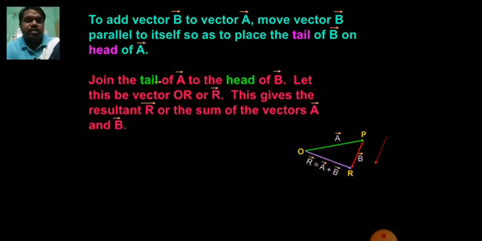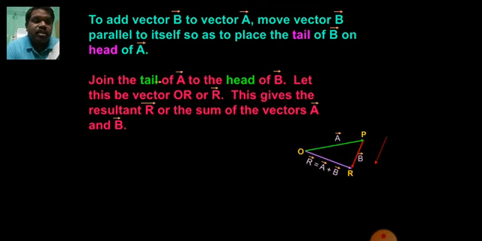So let us see, this is the order. See, from O to P and P to R, they are in same order. But from R to O, the third side, the head of the third side is connected with the head of the second vector, that is vector B. That is what they are taken in opposite order.